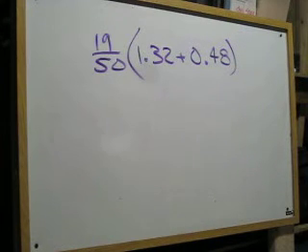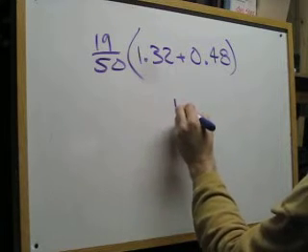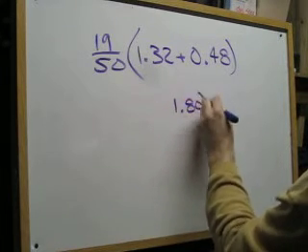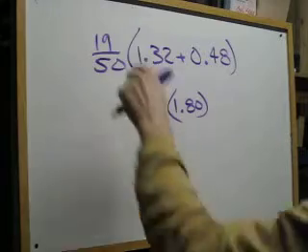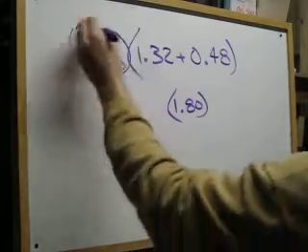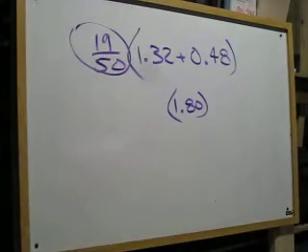Alright, again, according to PEMDAS, you're going to add stuff in the parentheses first, and then we'll go from there. So, 1.32 plus 0.48 is actually 1.80. So now we're going to take the fraction and make that into a decimal.